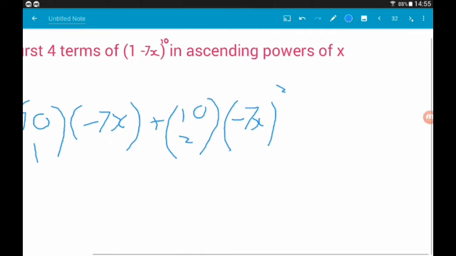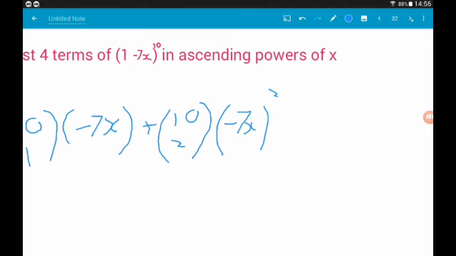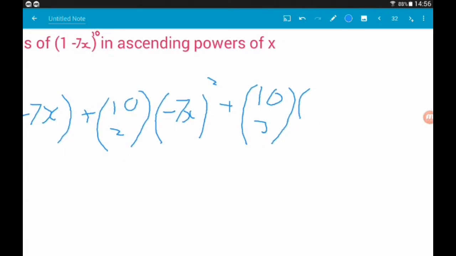So our fourth term is going to be 10 choose 3 times minus 7x all cubed. Like that.